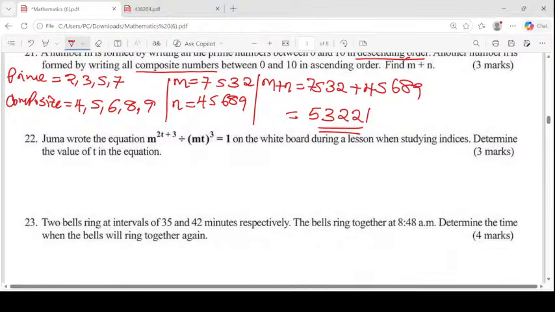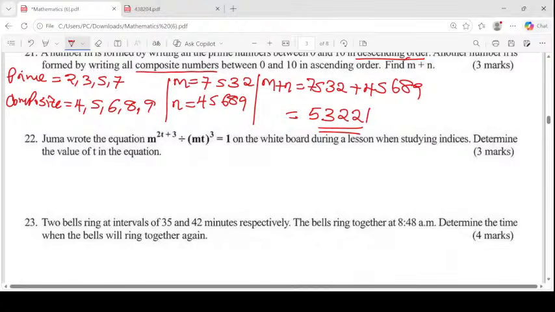Determine the value of t in this equation. So we need to apply the laws of indices well in answering this particular question, dear learners. You need to apply all the laws of indices so that you'll be able to get this question well.